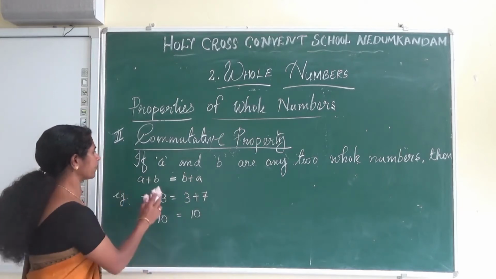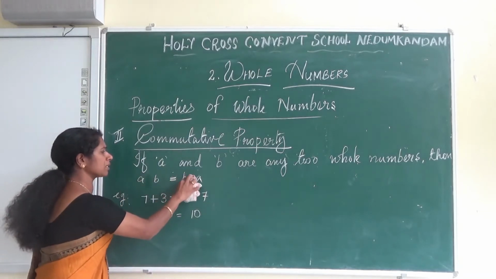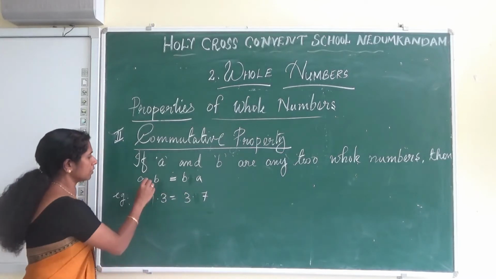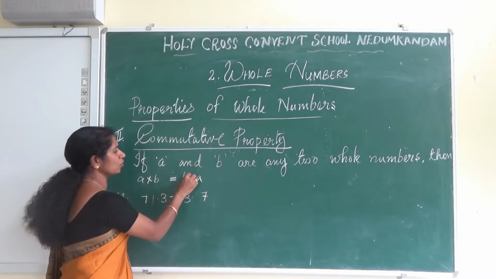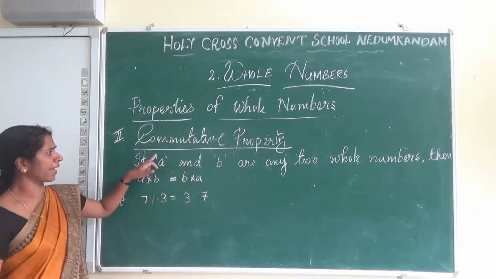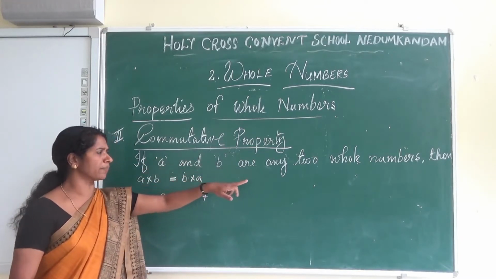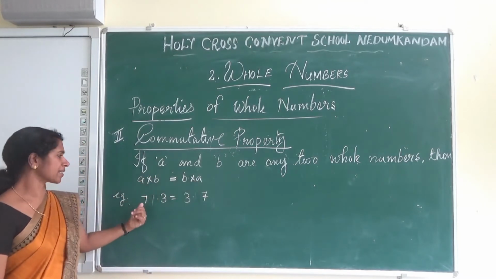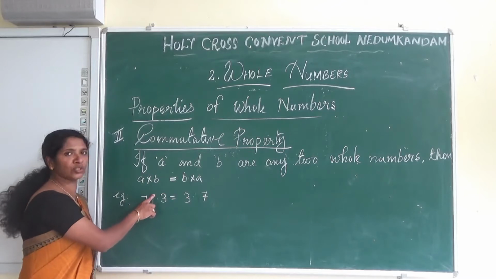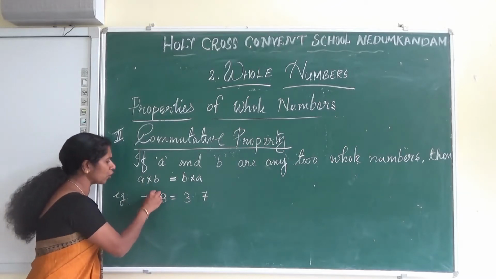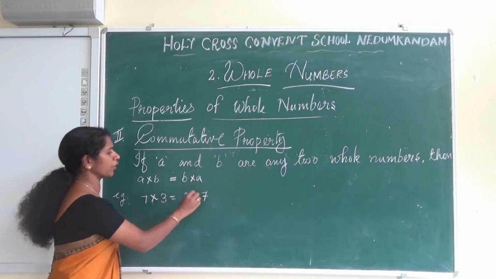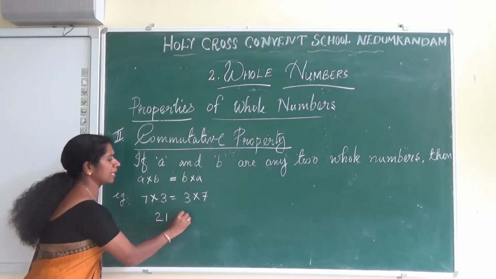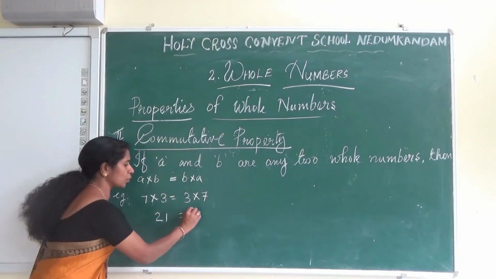Next one, multiplication. We can multiply the numbers also in any order. A into B is equal to B into A. Means if A and B are any two whole numbers, then A into B is equal to B into A. Example, if 7 and 3 are two whole numbers, then 7 into 3 is equal to 3 into 7. 7 into 3 is 21, and 3 into 7 is also 21.